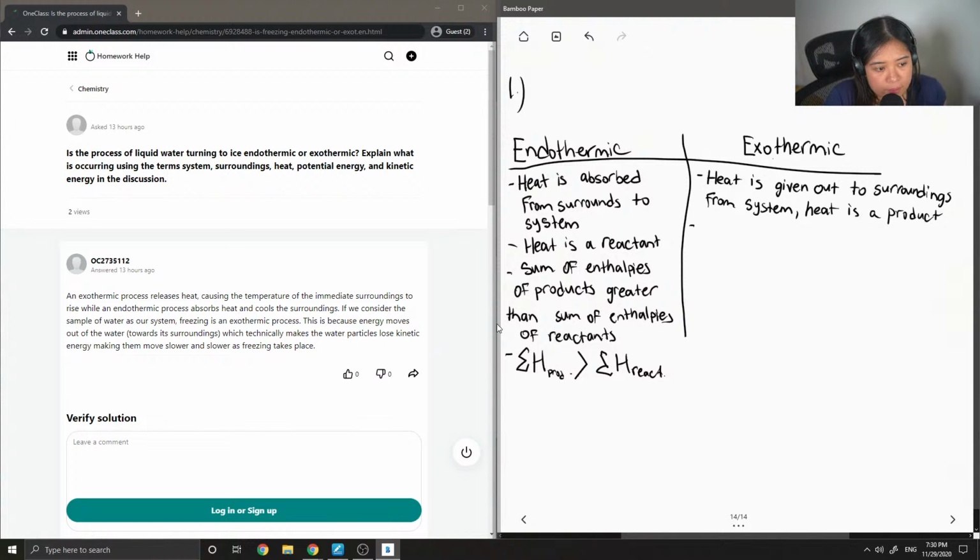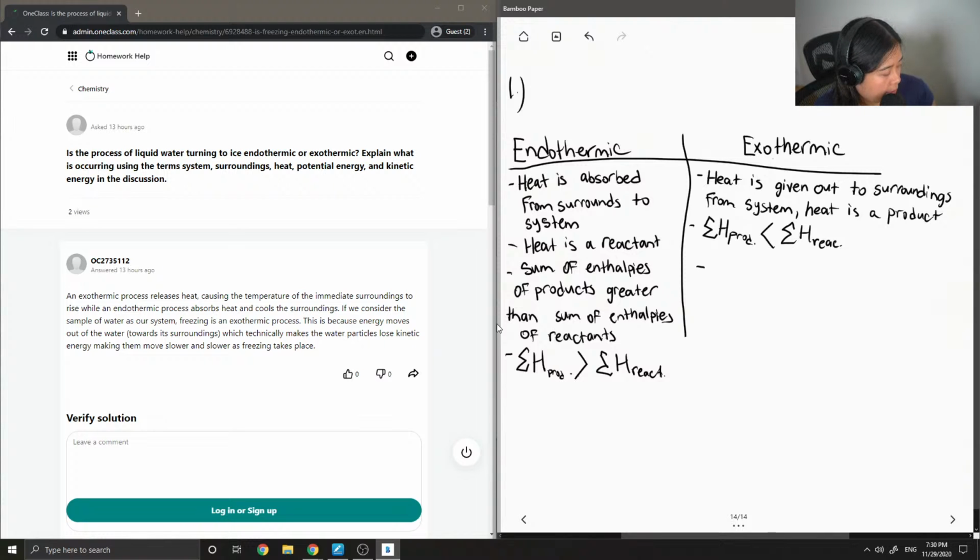Similarly, the sum of the enthalpies of the products this time is less than the sum of the enthalpies of the reactants.